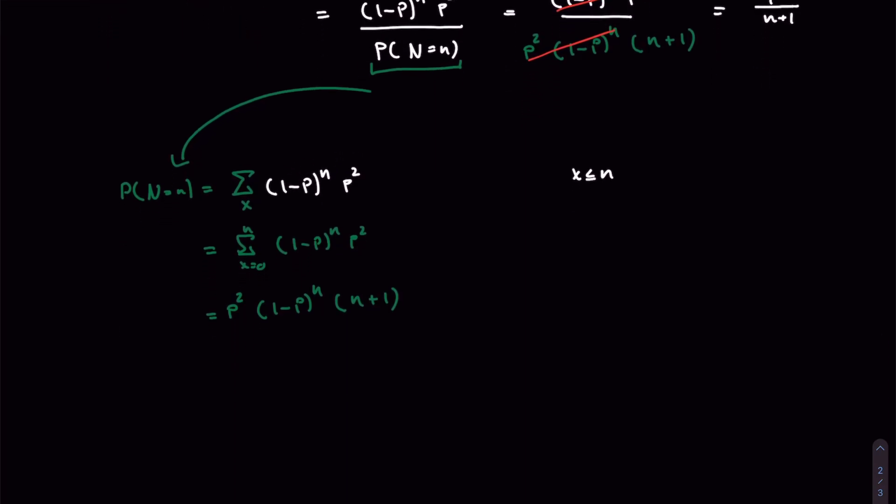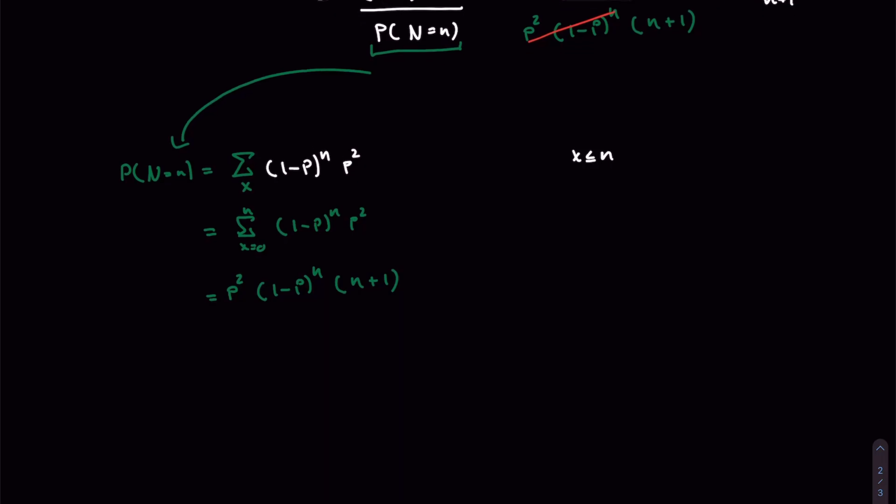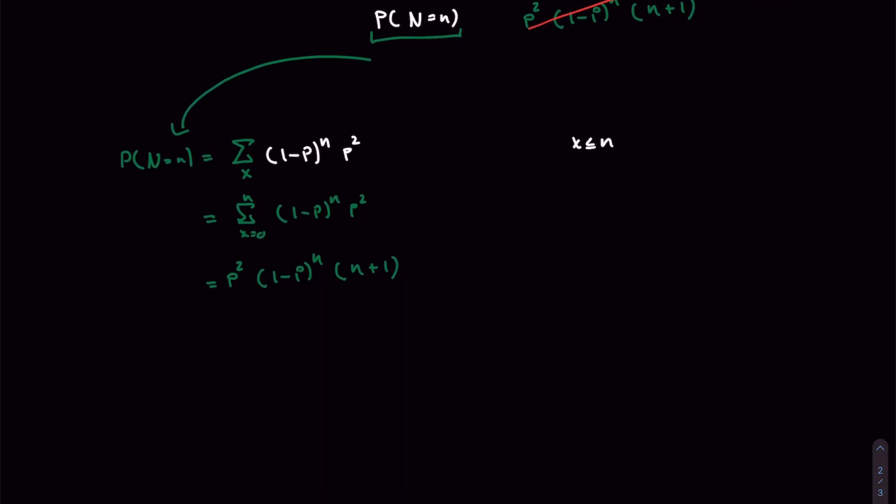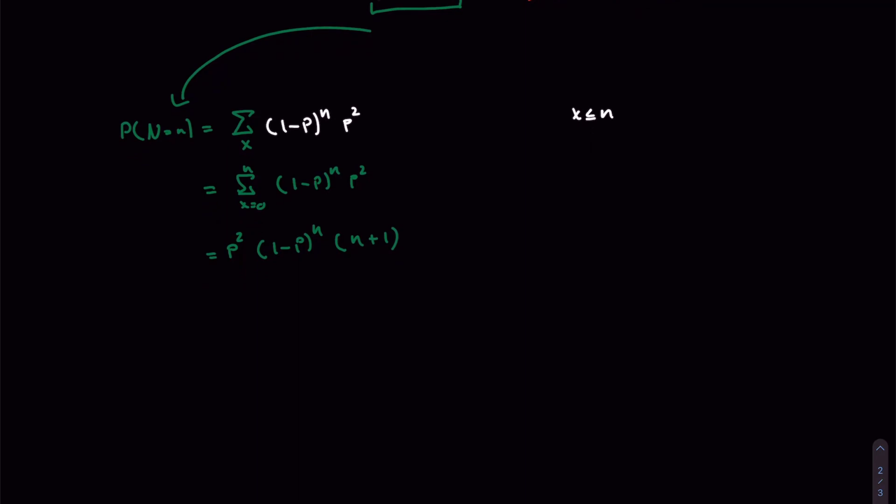So if we're going to visualize what this means, you have 0 up to n number of failures, so this is large N, and then if those are all failures, the first success occurs after all those failures.